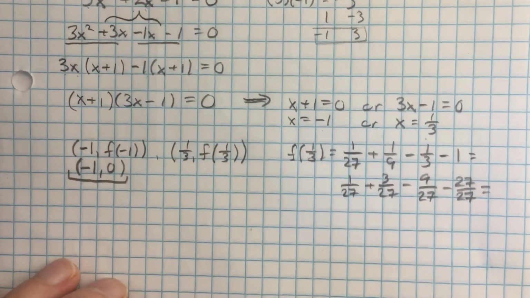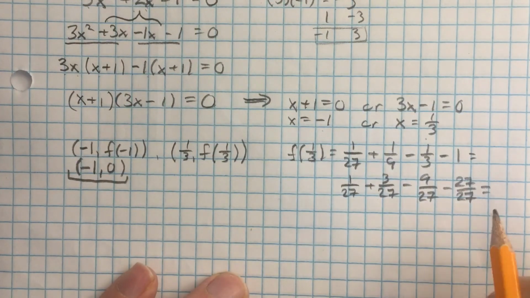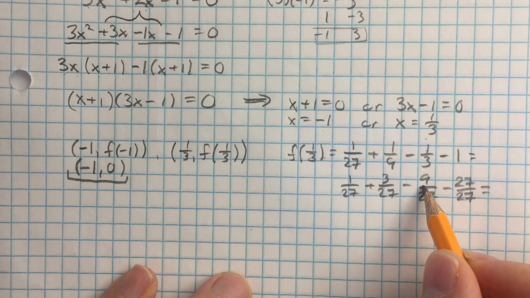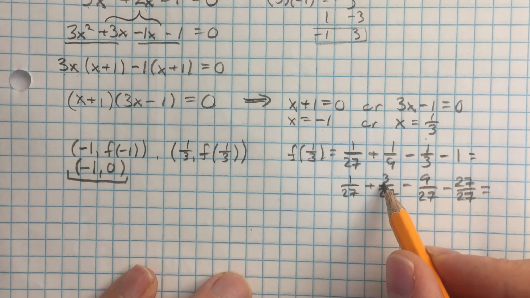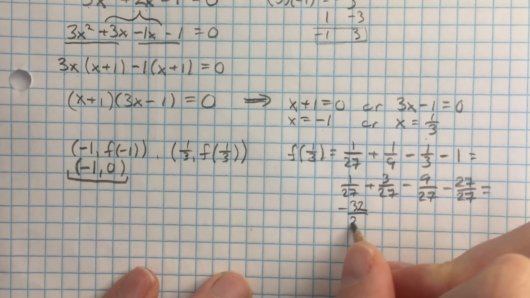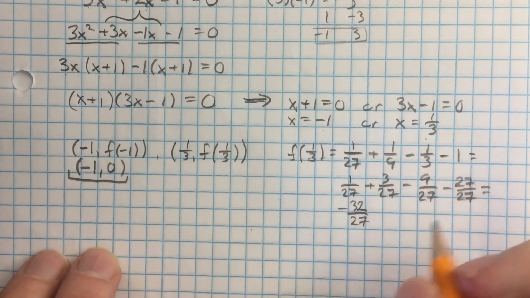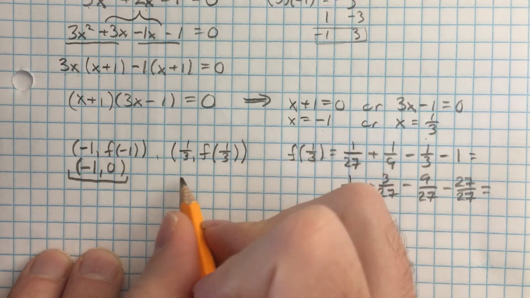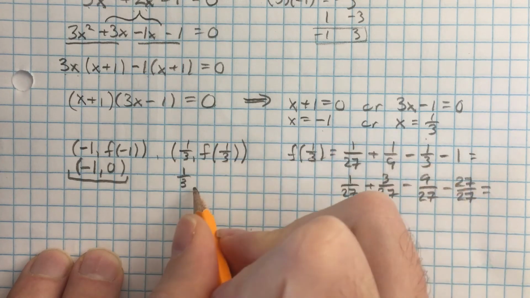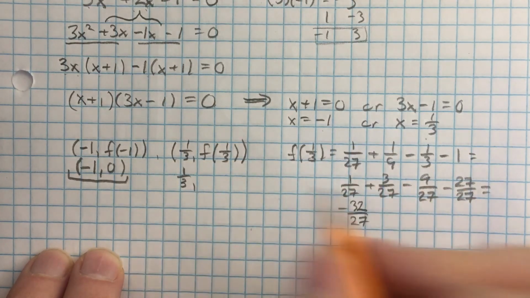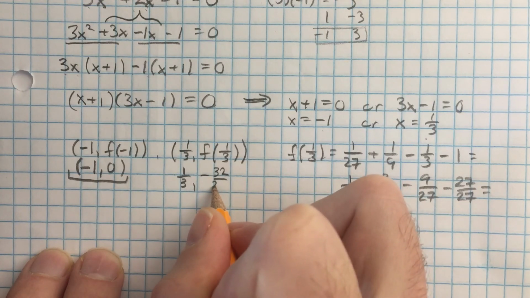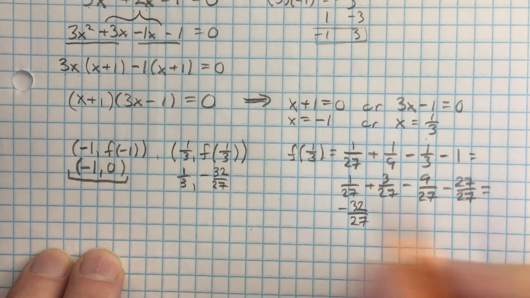Okay. And let's see. -27, -9 is what? -36 plus 4, -32 sounds about right. So -32 27ths is irreducible. So our second coordinate pair, where the tangent slope takes on a value of 0, is 1/3 comma -32 27ths. Okay.